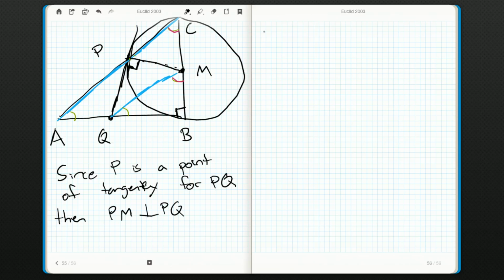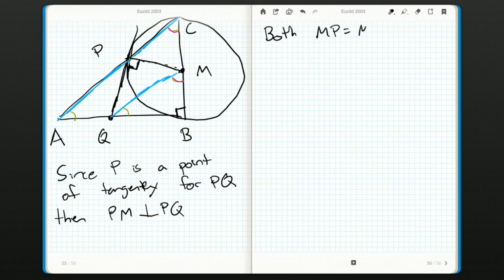Now, both MP, MB, actually, don't just say that because we also have MC. As they are radii, not diameters.